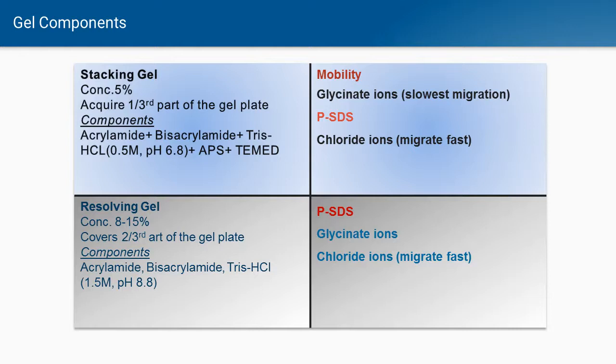This is very important, because our proteins may have different molecular weights or different polypeptide sizes, and we want them to enter the resolving gel at the same time, so as to prevent the formation of smear. That role is played by the stacking gel. I'll discuss it in detail.